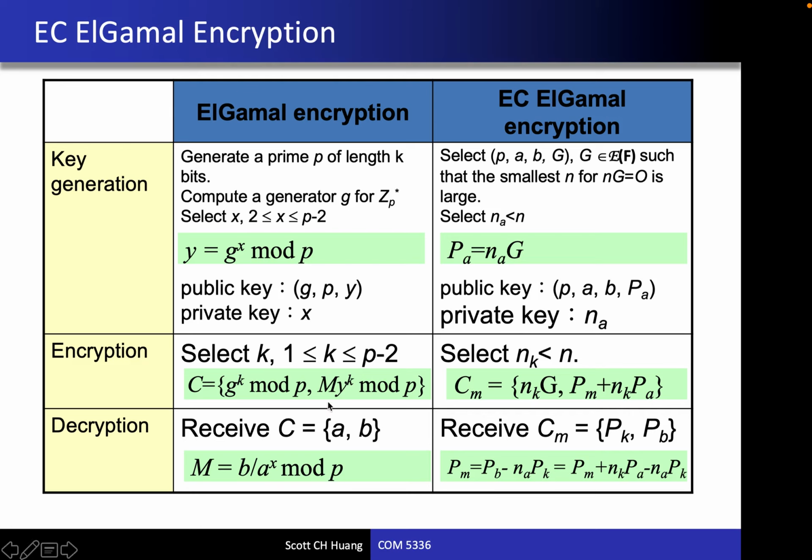We have a plain text. The plain text is m. Now we have to represent this plain text as a point on a curve. How to do that? There's an easy way to do that.